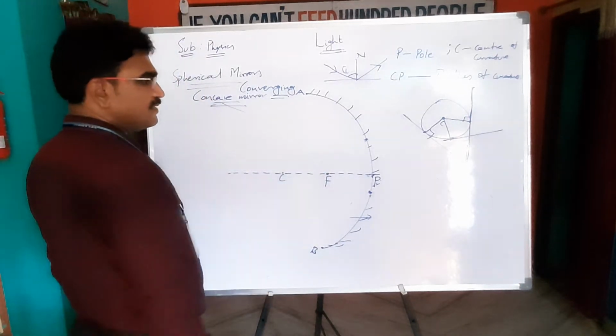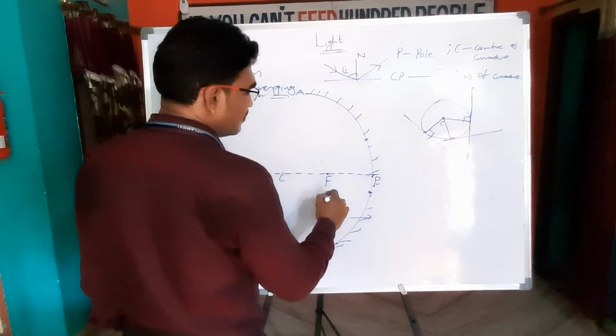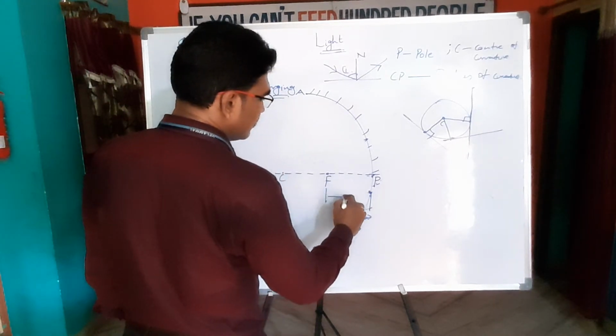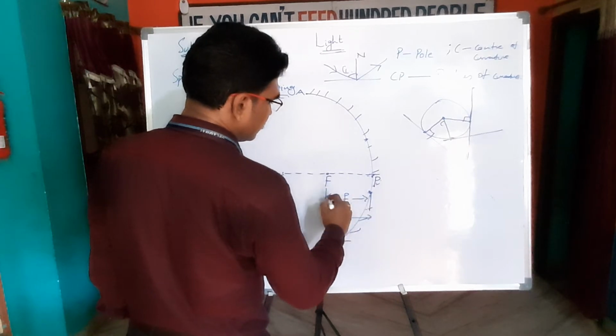That point we call the principal focus, and the distance from F to P is nothing but the focal length.